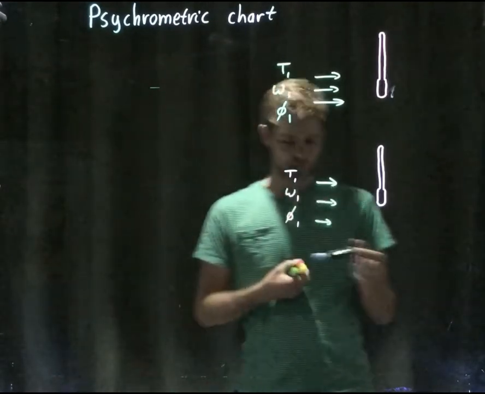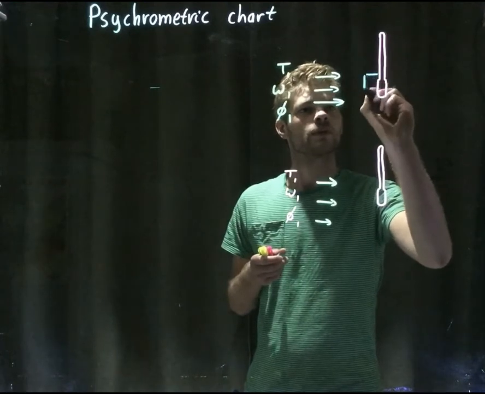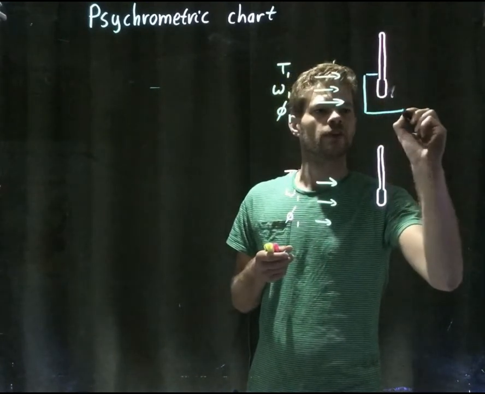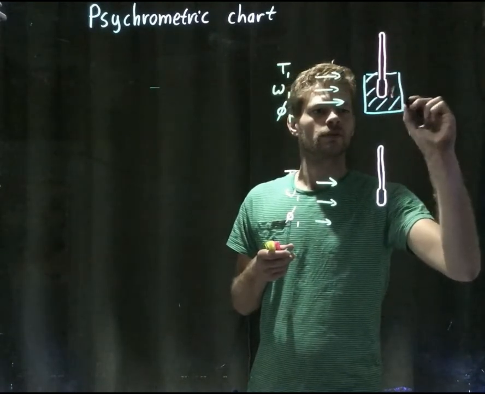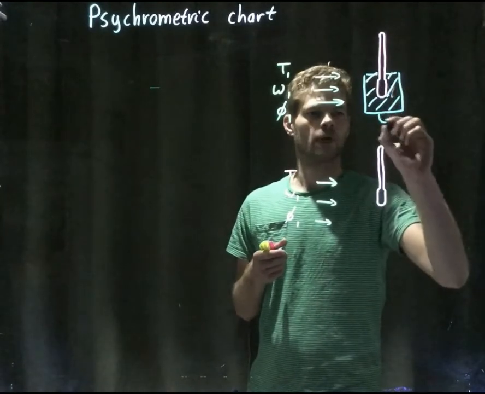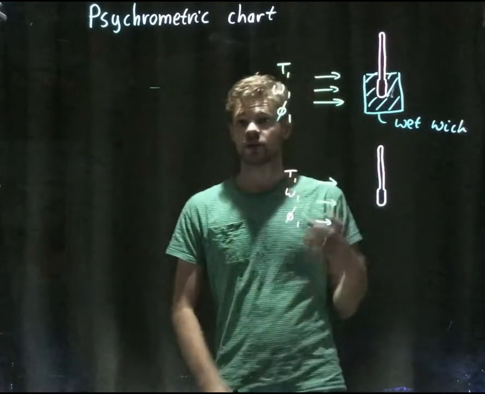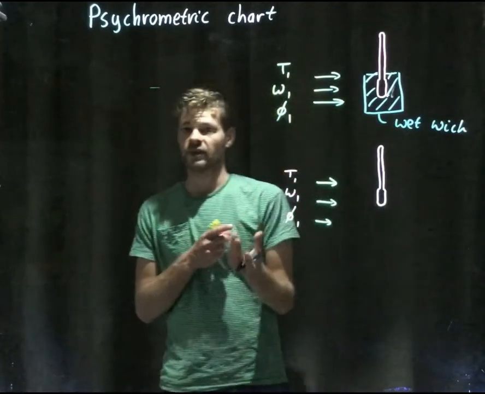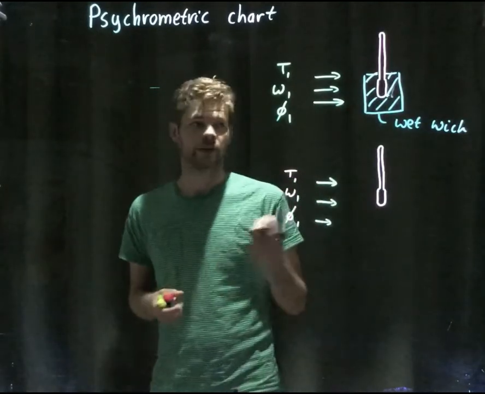but there's a difference between both setups, because this thermometer is covered with a wet wick. So it's covered in a cloth that's submerged into water, so there's always some water surrounding this thermometer.